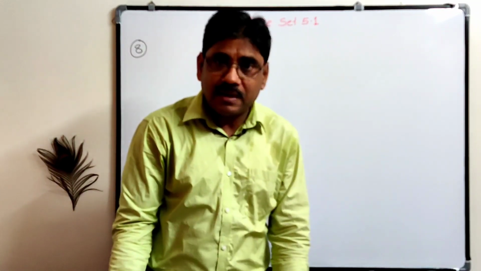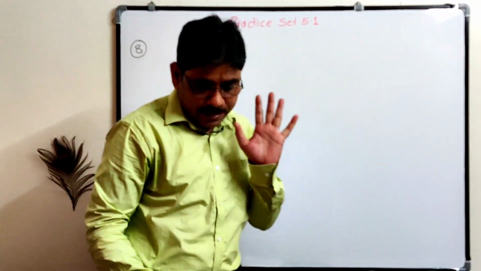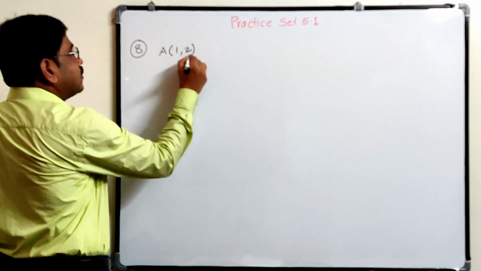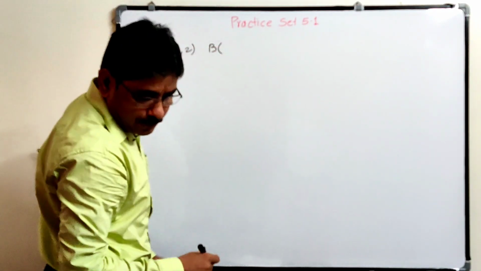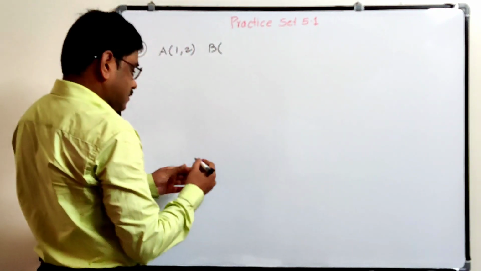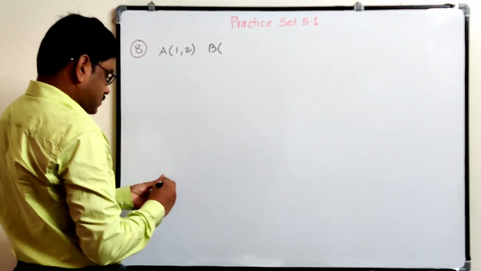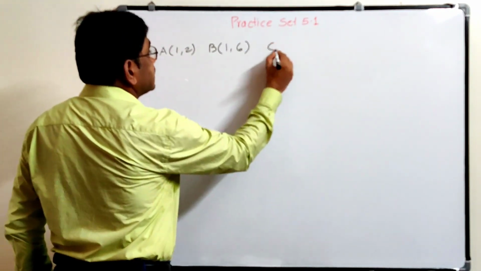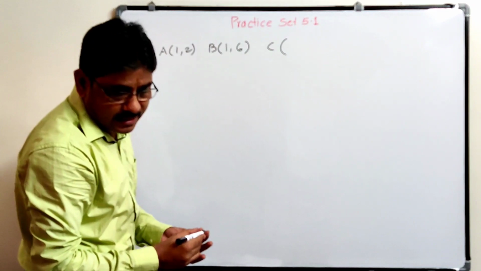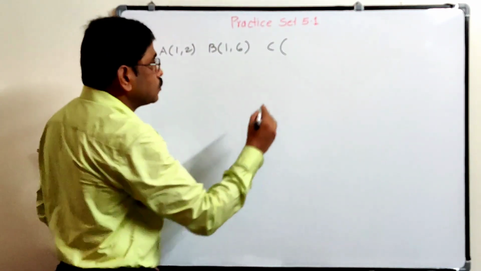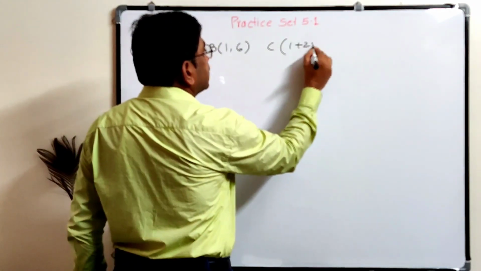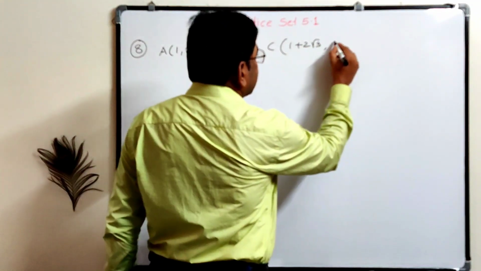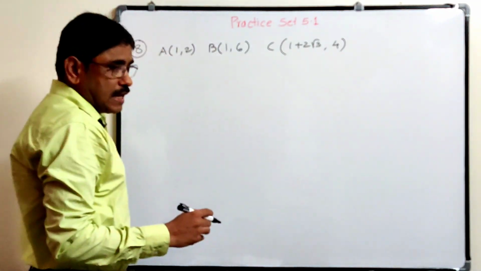Equilateral triangle means all three sides should be equal, A B C. So here the coordinates of A are 1, 2, the coordinates of B are 1, 6, and the coordinates of C are 1 plus 2 root 3 as the first coordinate, and the second is 4.